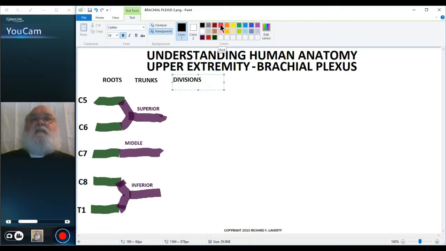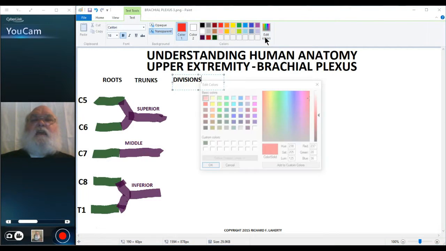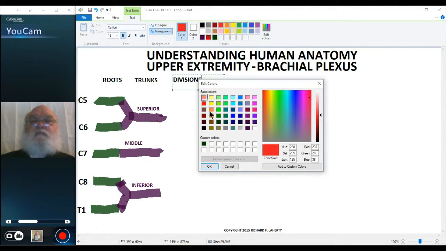And I'm going to draw in the anterior division in red.